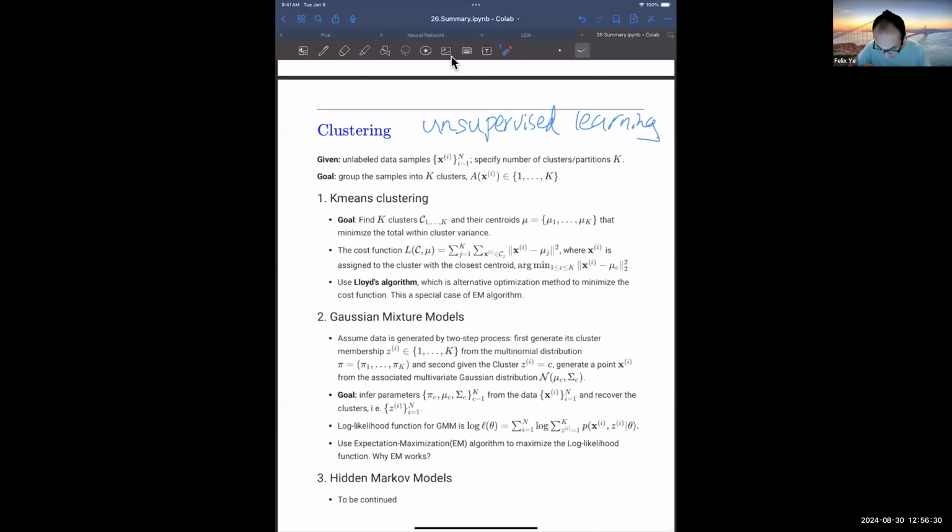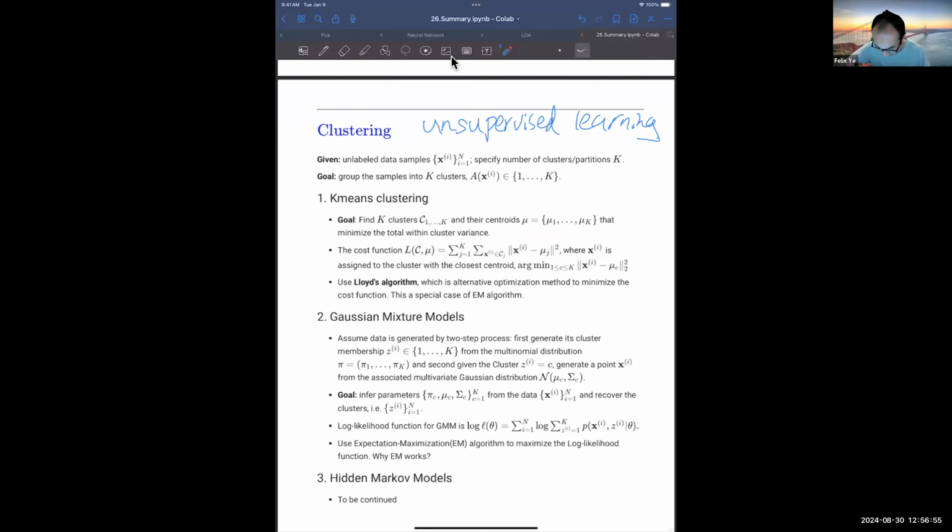Okay, so in K-means, the goal is to find K clusters, C1 to CK, and their corresponding centroids, mu1, mu2 to mu-K, that minimize the total within-cluster variance. This cost function is called distortion.